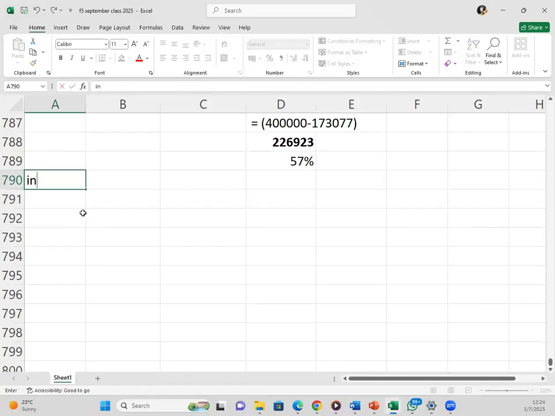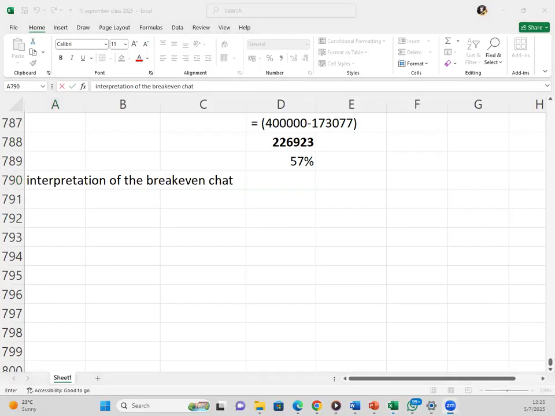So we can say interpretation of the break-even chart.